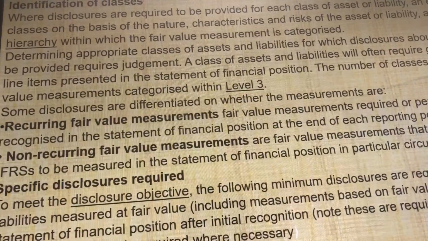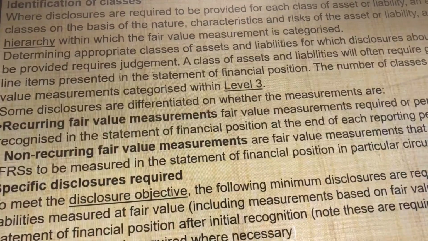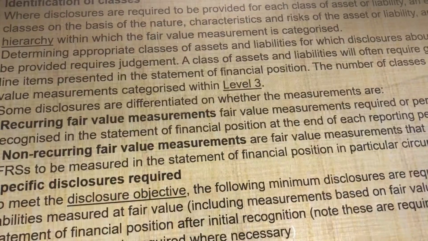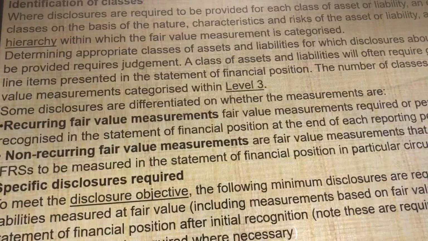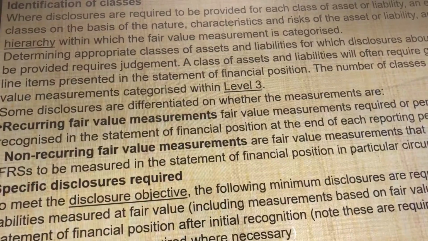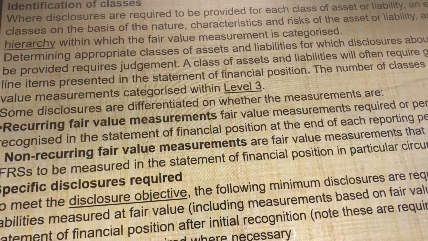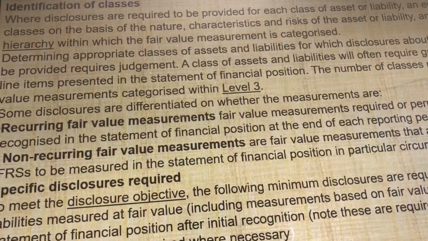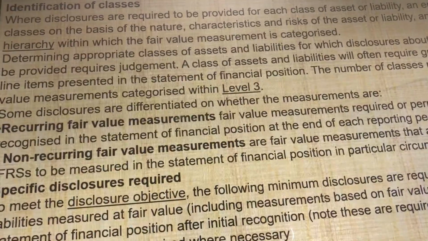Now let's talk about identification of classes of these assets. Where disclosures are required to be provided for each class of assets or liabilities, an entity determines the appropriate classes on the basis of the nature of the asset or liability, the characteristics and risks of the asset or liability, and also the level of the fair value hierarchy within which the fair value measurement is categorized.